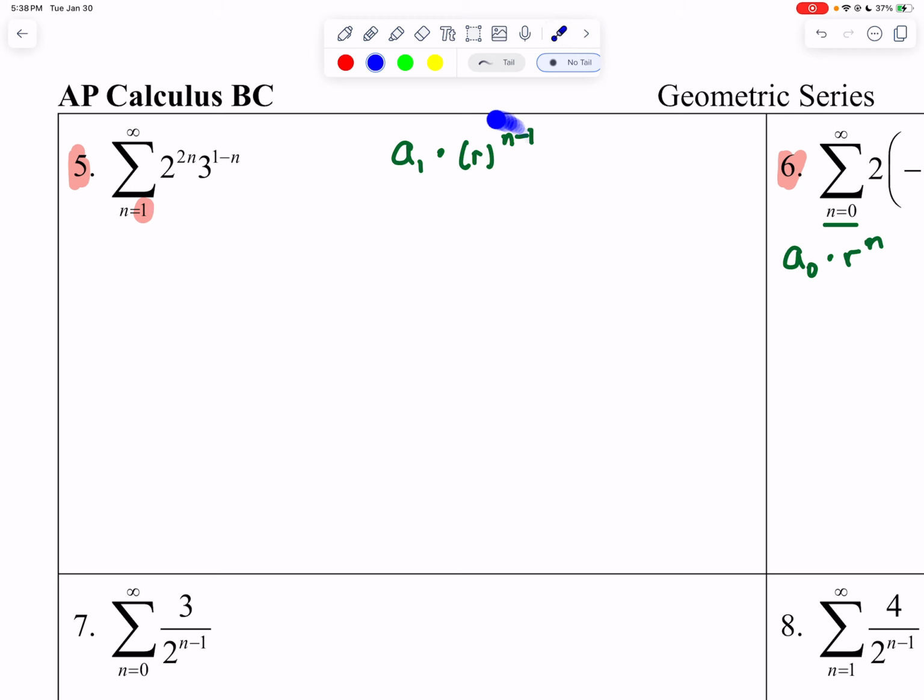All right, so I have this nasty looking thing right here, and I need to make it look like this lovely thing right here. What I'm going to do now is think about how I could change 2 to the second power to be 4 to the n, and then I have 3 to the 1, and then 3 to the negative n.